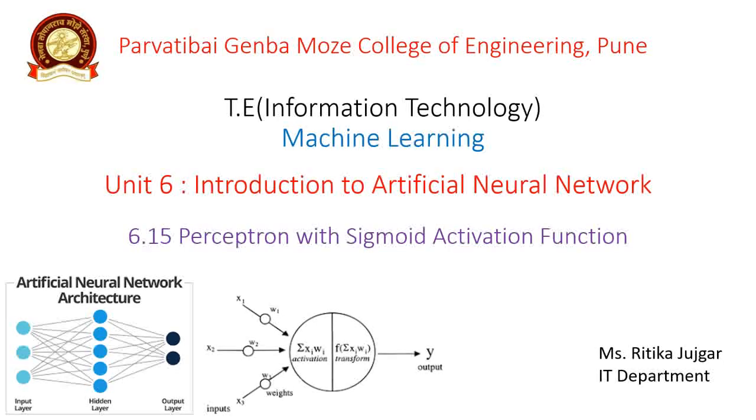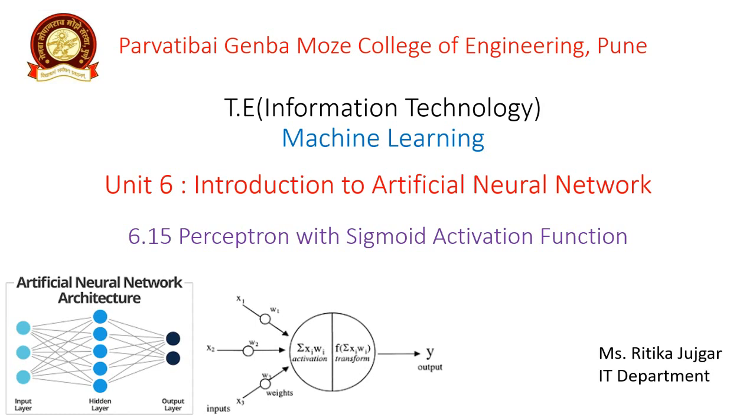Okay. So the next point is a perceptron with sigmoid activation function. We already discussed the different types of activation functions like linear activation function, tangent hyperbolic activation function, rectifier linear unit activation function, softmax activation function, binary step activation function, and also the sigmoid activation function.